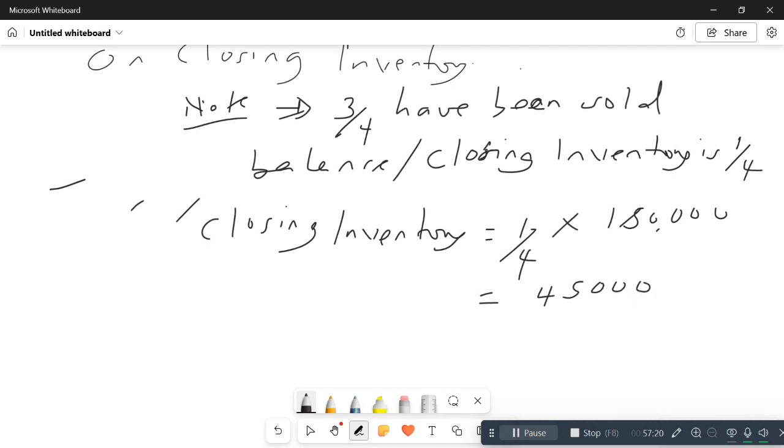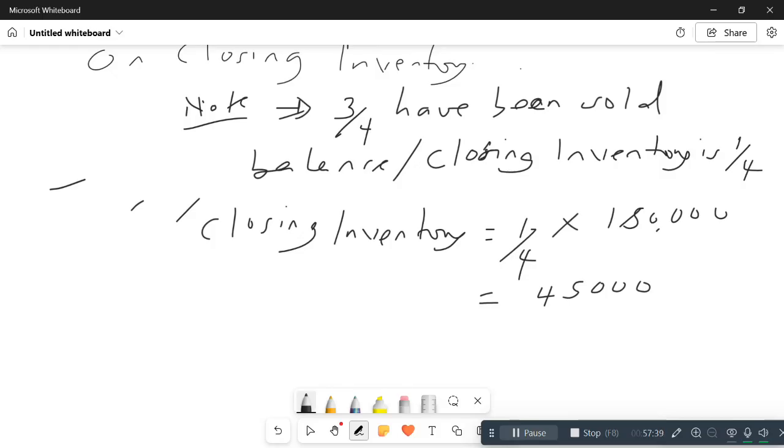Good. I'm trying to eliminate 3 zeros. Though I'm writing 45,000, I'm saying 45 million. Just know I'm eliminating 3 zeros. You can maintain the zeros or you can reduce 6 zeros, 3 zeros, so long as you are consistent, it will not affect your figures.